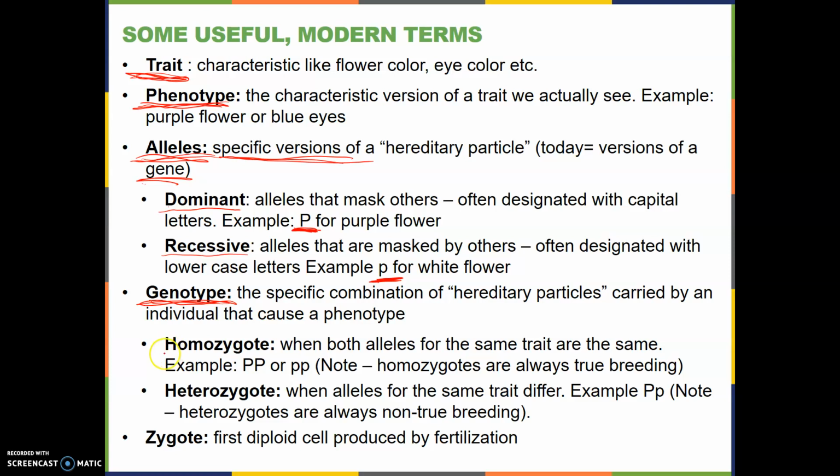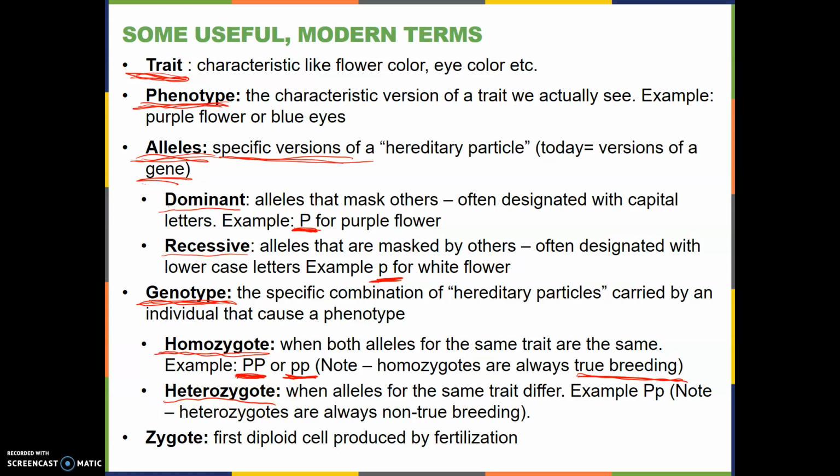So if we say that an individual is homozygous or a homozygote, that means both of the alleles are the same. They are true breeding for that trait. So two big P's means that they carry both alleles for purple flower color. Two little p's means they carry both the alleles for white flower color. And then heterozygous individuals or heterozygotes are individuals that are hybrids.